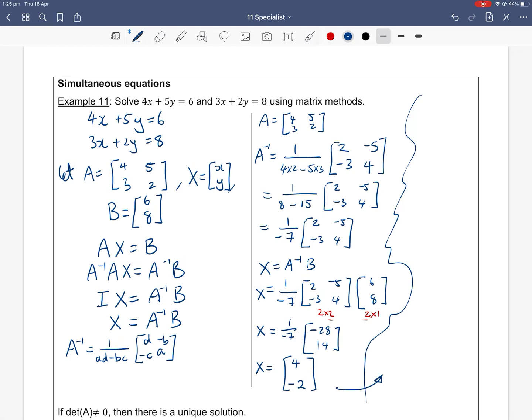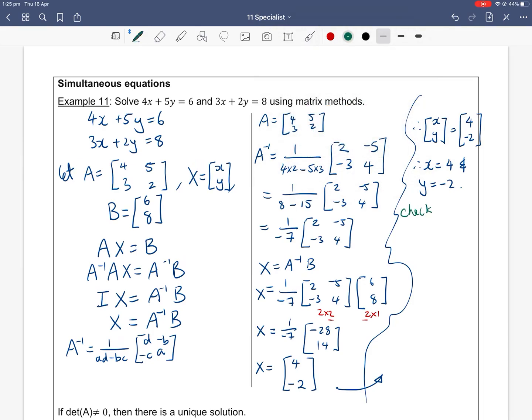Since the X matrix is x and y as a column matrix, we agree that two matrices are the same if they have the same dimensions and the elements are the same. Therefore x equals 4 and y equals negative 2.